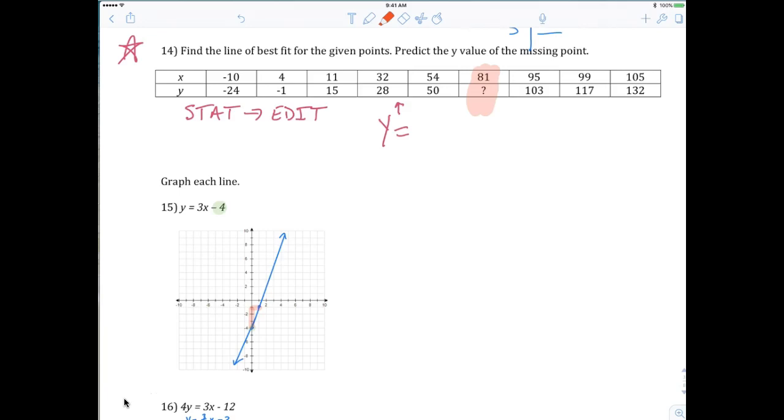Now, once we've done that, there's a thing called zoom. Then you hit the zoom button, and then you hit zoom stat. And I believe that's zoom 9. Zoom 9.